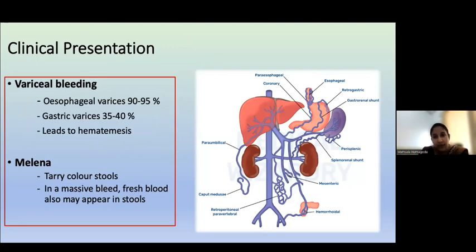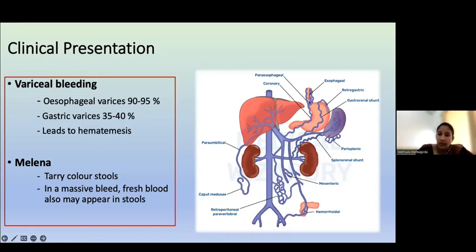As you can see in the diagram, when there is an obstruction, a resistance to portal flow, inadvertently this blood will form collaterals, finding other pathways to flow.